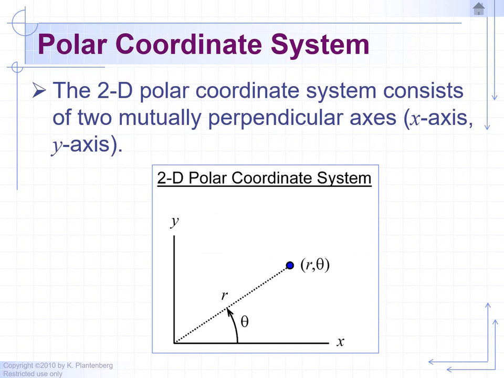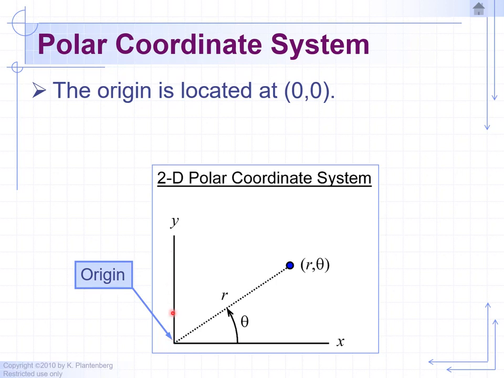Polar coordinate system. We're going to use our X and Y axis and we're going to use a length and an angle to locate our point. Using the origin where the x and y axis intersect, that defines our coordinates 0, 0, our xy coordinates.